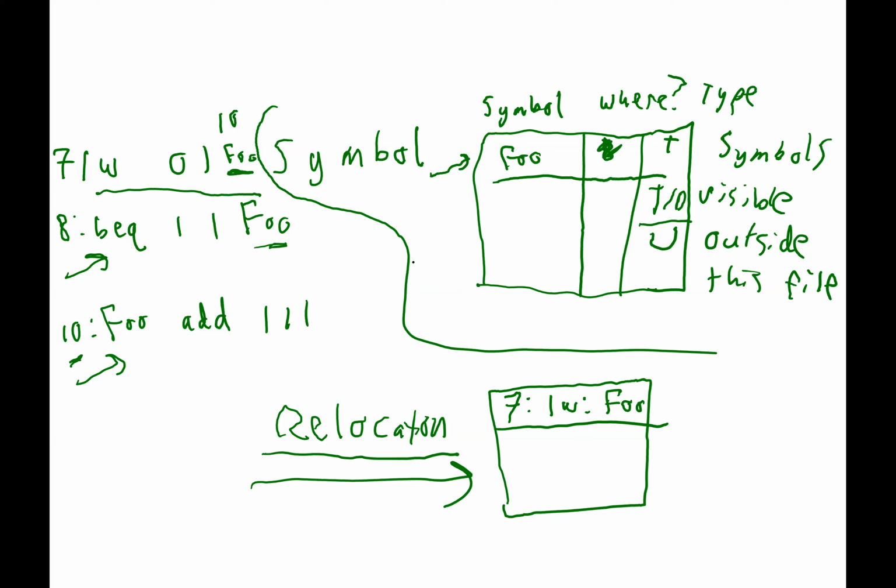Let me go find where I relocated foo to, and then I'll go to this line 7 and update 10 to 50 or whatever. So the answer to your question, Norman, is any label that gets used in such a way that it's going to change the encoding after we link stuff together, that's what needs to go into the relocation table.